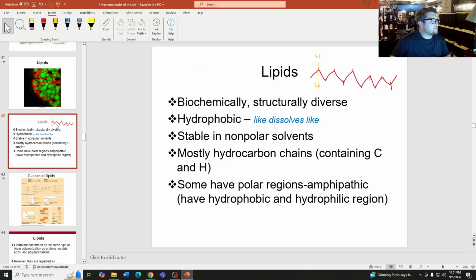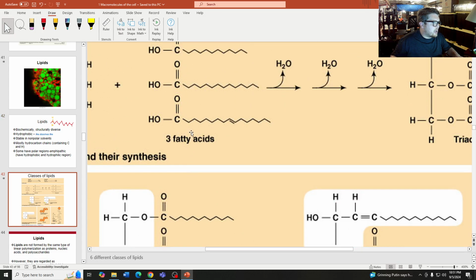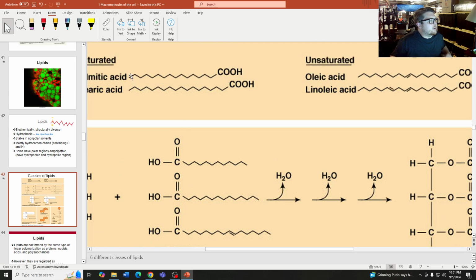So just like I said right here, when you draw the whole structure, actually we can zoom way in and take a look at it here. So see how it's drawn? Every single point, so carbon, carbon, carbon, carbon, carbon, every single point here is a carbon. If it's saturated, we see how there's no double bonds, they're all single bonds.